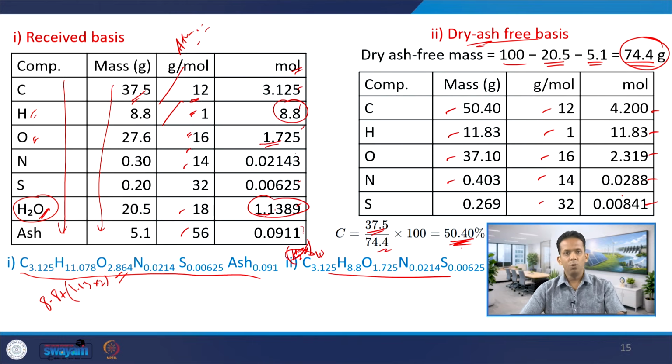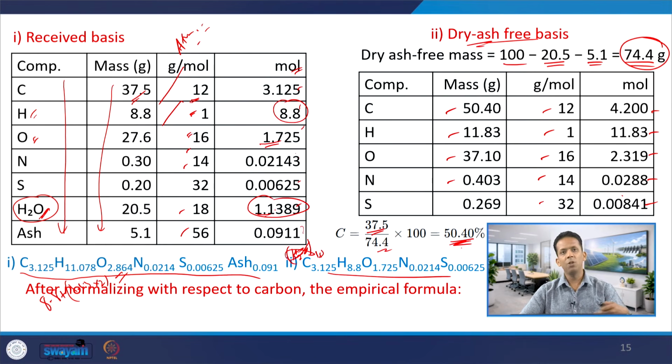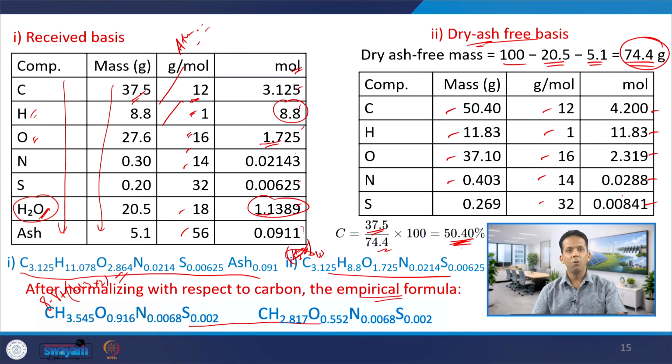But if we want to convert it into an empirical formula, we can normalize it on the basis of carbon. If we normalize both formulas with respect to carbon, we get the empirical formula. For the second case, we divide by 3.125, the moles of carbon.